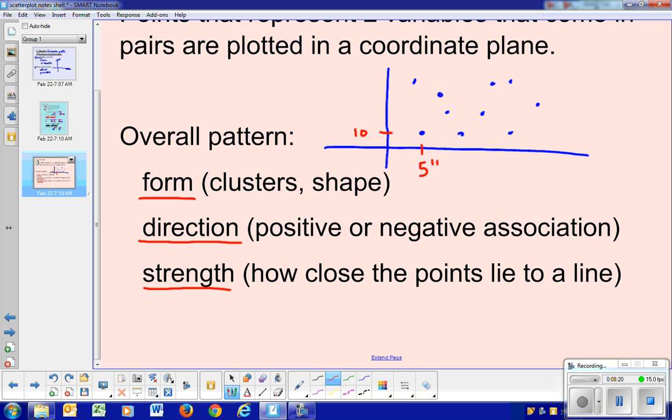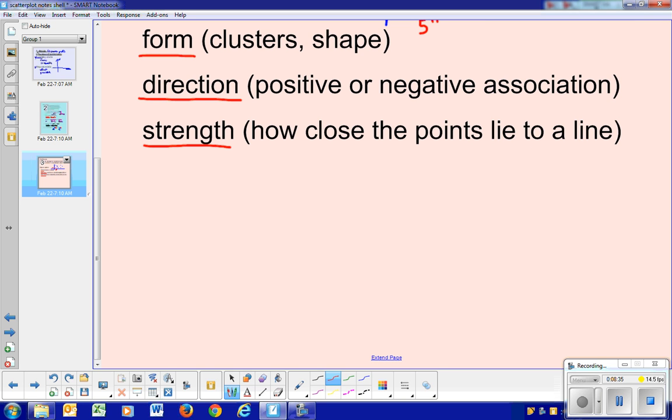It very well could be a quiz or a test question. Form refers to what shape the graph takes overall. You want to notice if there are a lot of clusters or if there's a linear pattern or some other kind of pattern. So for example, a scatter plot that has this sort of shape or form, we'd say it has the form of sort of a parabola or some kind of arch where it goes up and then down.